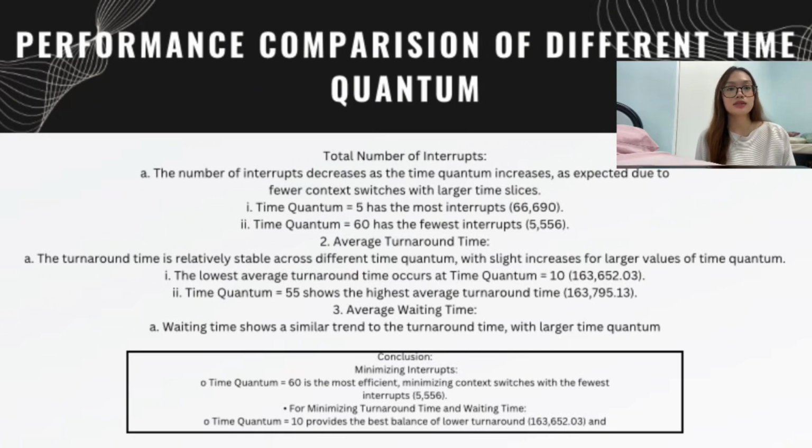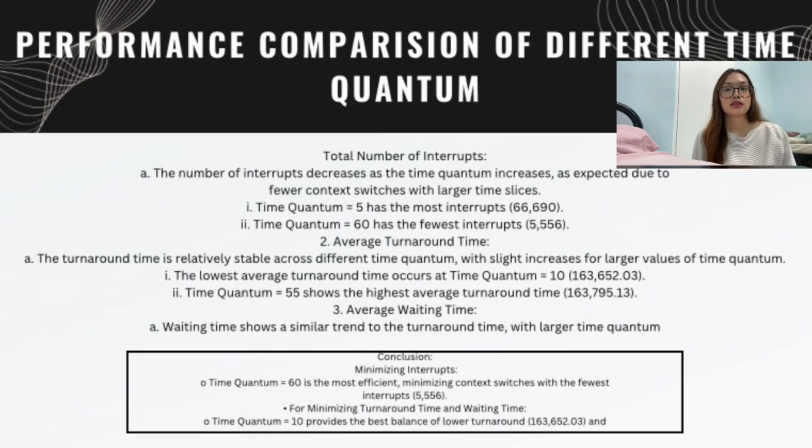Next, for the average turnaround time, the turnaround time is relatively stable across different time quantum, with slight increases for larger values of time quantum. The lowest average turnaround time is at time quantum 10, which is 163,652.03.